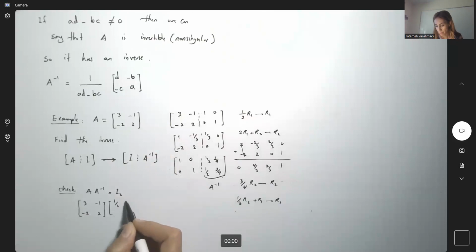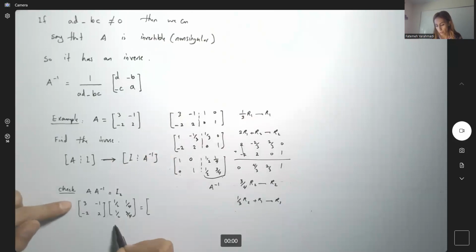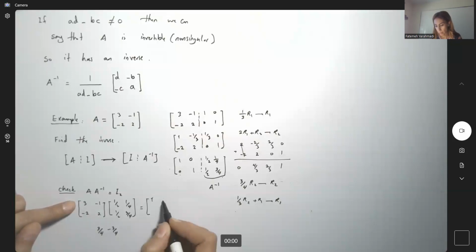I have a half, a fourth, a half, and 3/4. This guy is equal to, so the very first row multiplied by the first column, you get 3 halves minus a half, which is 2/2 or 1. The first row by the second column, 3/4 minus 3/4, as you can see, it is 0.